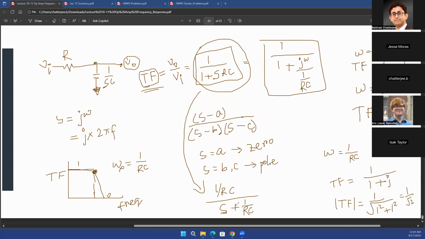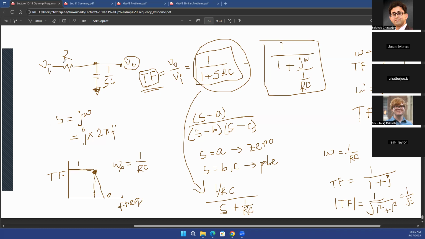Now again, from here, you can say that if your S becomes minus 1 over RC, in that case you'll end up with a pole, right? And that is the reason why we call this the pole frequency as well, in terms of the absolute values. Okay, so that's the basics about your poles and zeros: what would happen for a transfer function if you have a resistance in series with a capacitor in parallel, which will result in this kind of a low pass filter.